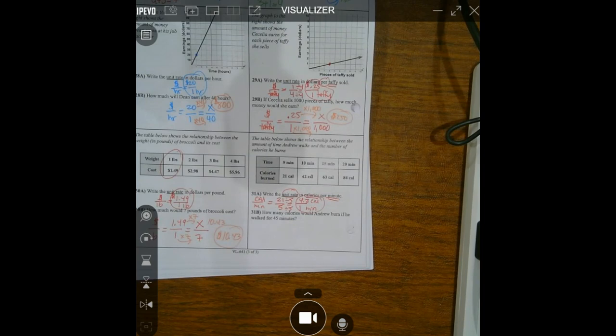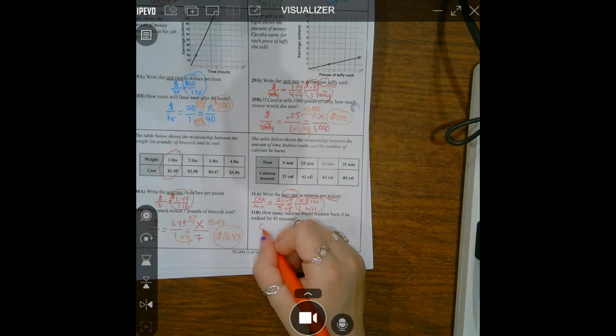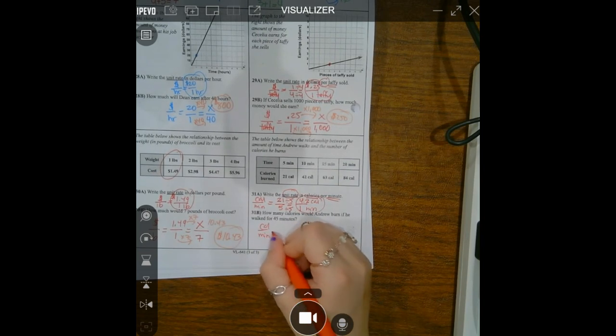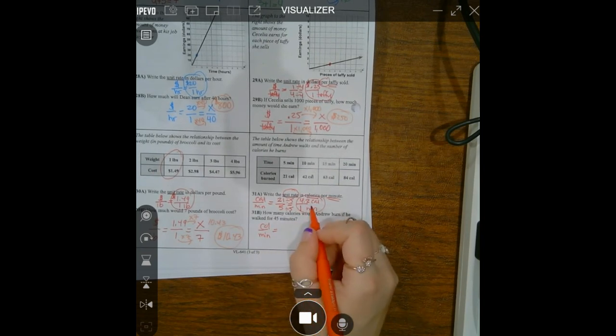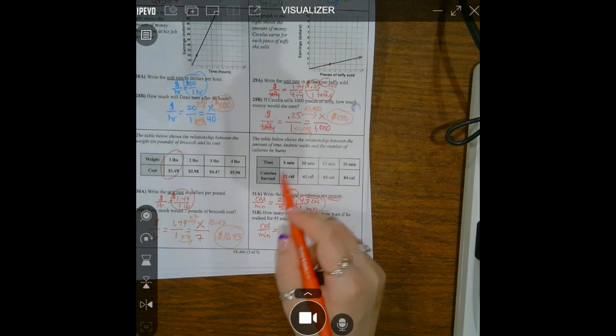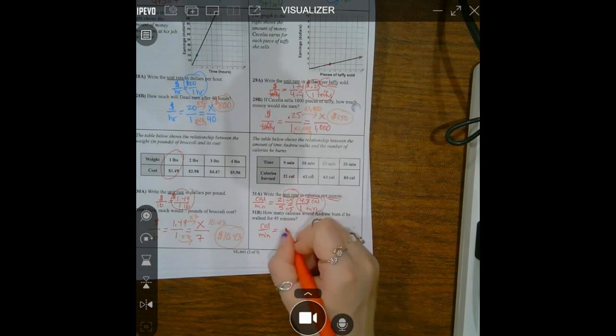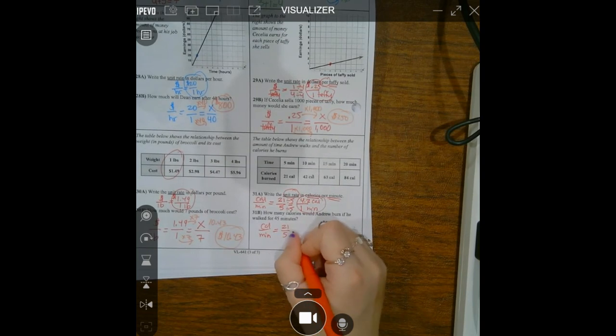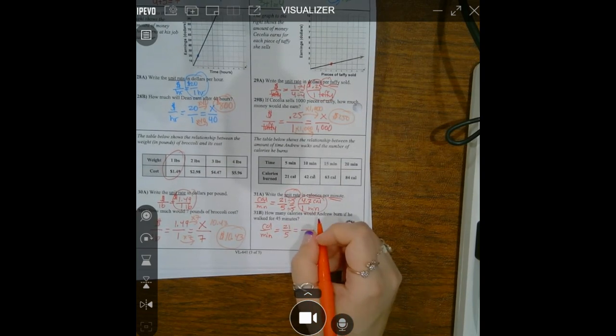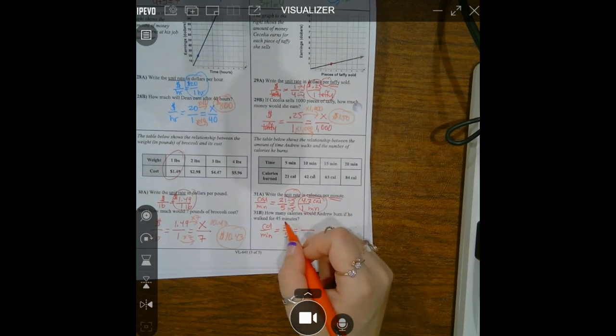Okay, now I'm going to use that information to answer this last question. It says how many calories would Andrew burn if he walked for 45 minutes? Okay, well, calories per minute. You could use this, but if you feel uncomfortable, like what if I missed it? Fine, then use one from the table, right? If he did 21 calories in 5 minutes, then you want to know, where am I going to put that 45?